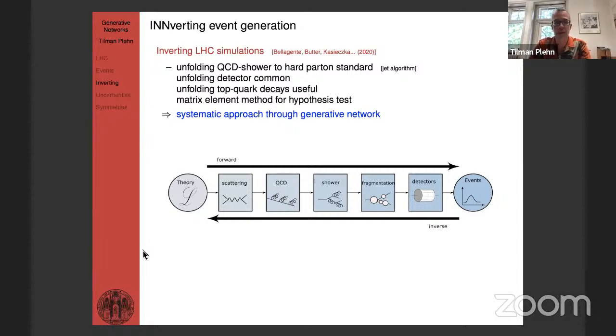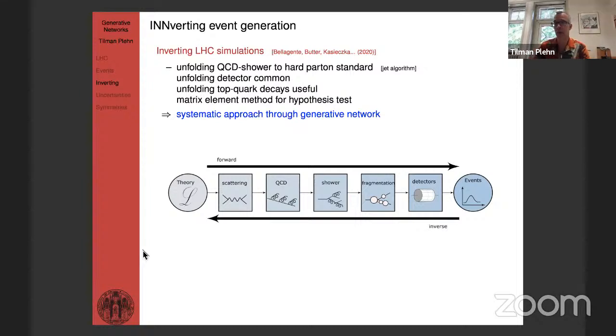And then we all know that the matrix element method for hypothesis testing was kind of the ultimate goal of inference. Even at the Tevatron, people thought about this, and this was essentially just inverting your event kinematics to the hard process. And I think it's fair to say that this is something between super expensive and impossible to do.